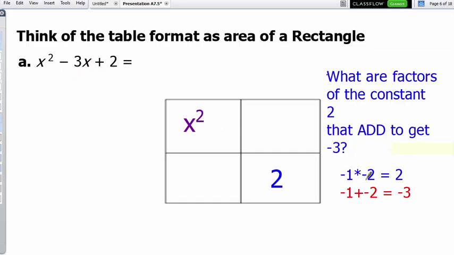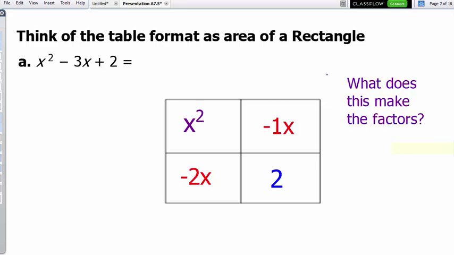So negative 1 times negative 2 gets me positive 2, and negative 1 plus negative 2 gets me negative 3. So this negative 1 and negative 2 would end up going here with an x and here with an x. We'll actually have an easier place to put them in a moment.